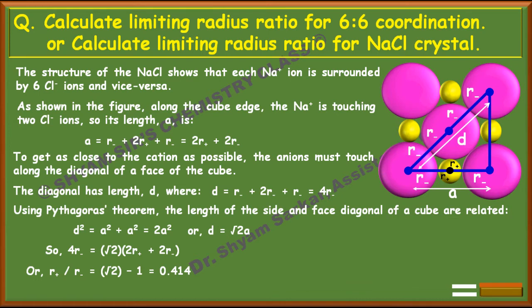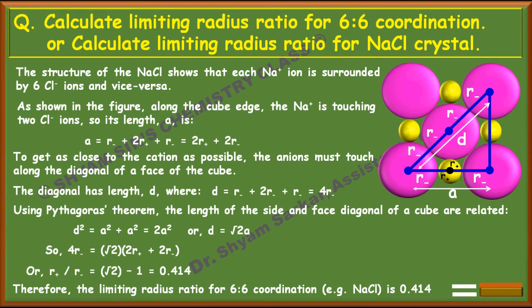So in this way you can calculate the limiting radius ratio for 6 coordination number, that is for NaCl like crystal structure. You will get the limiting radius ratio value as 0.414. This is also a simple calculation, just simple geometry. So if you remember this, it is the simplest way, and in the exam you can easily solve this kind of problem.